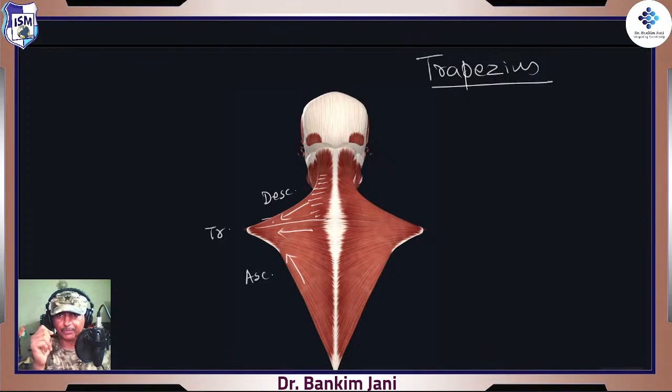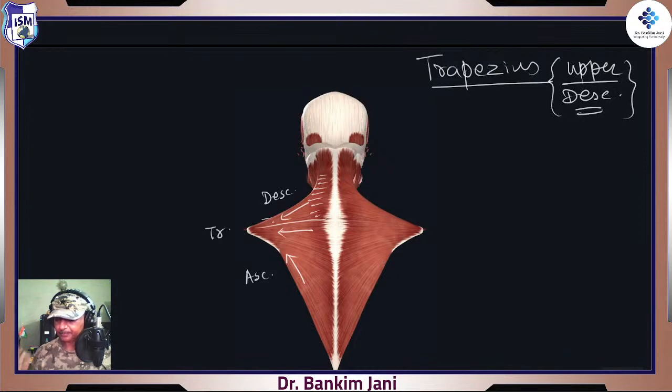So for these top fibers, from where will they start? We are talking about the upper or descending fibers. They will start from the external occipital protuberance over here.